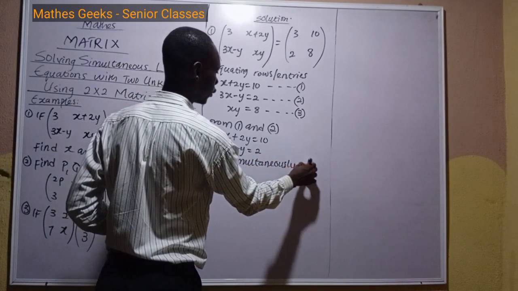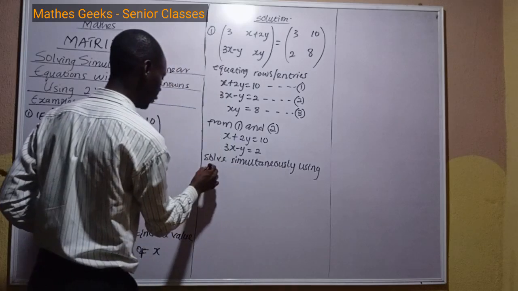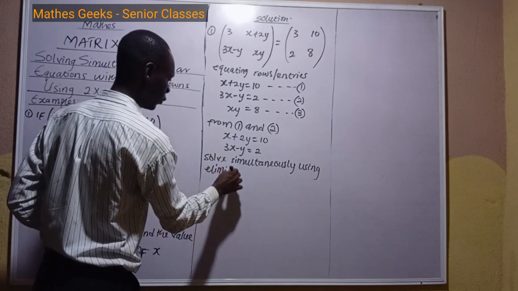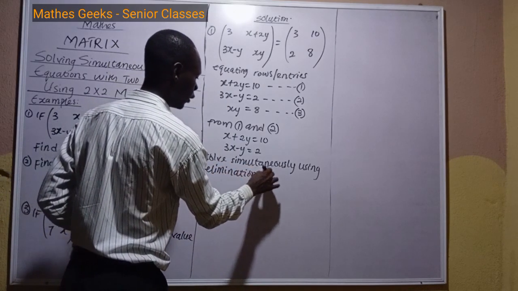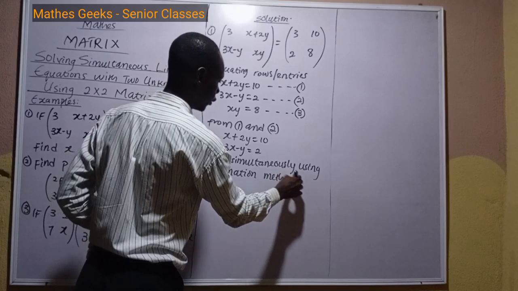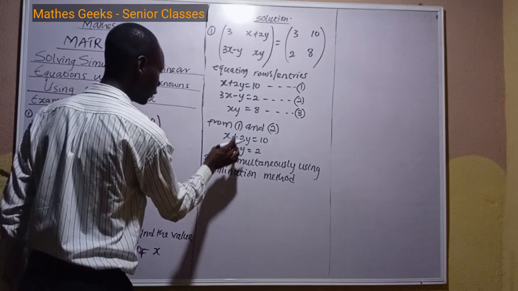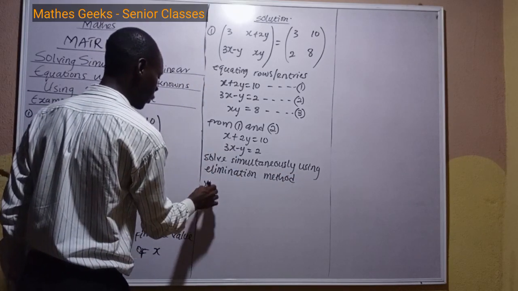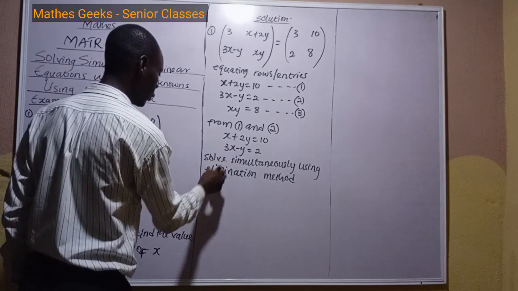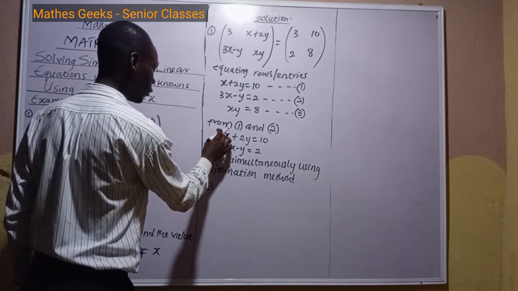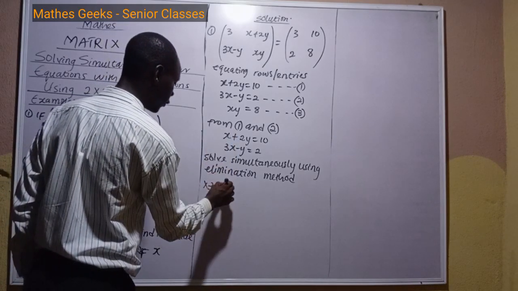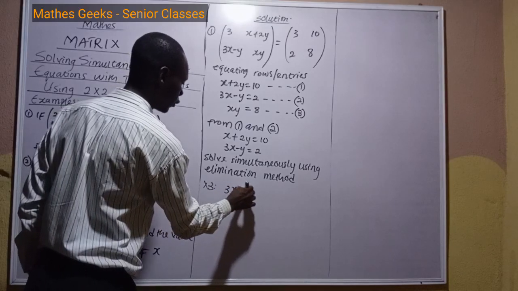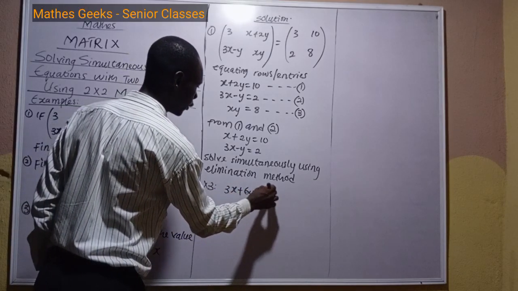So I'm going to solve simultaneously using the elimination method. So I'm going to eliminate x. I'm going to multiply equation 1 by 3, so that the coefficient will be 3 also. 3x plus 6y is equal to 30.